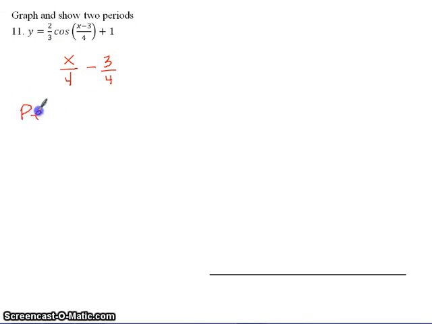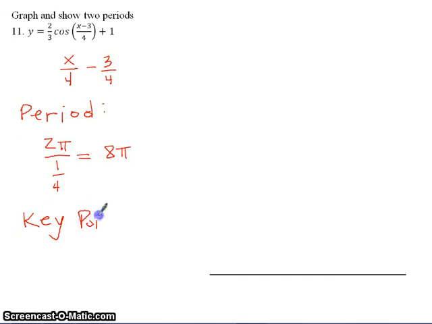And so my period is going to be 2 pi divided by 1/4, which gives me an 8 pi. And I have key points that occur at 1/4 of 8 pi, which is equal to 2 pi.